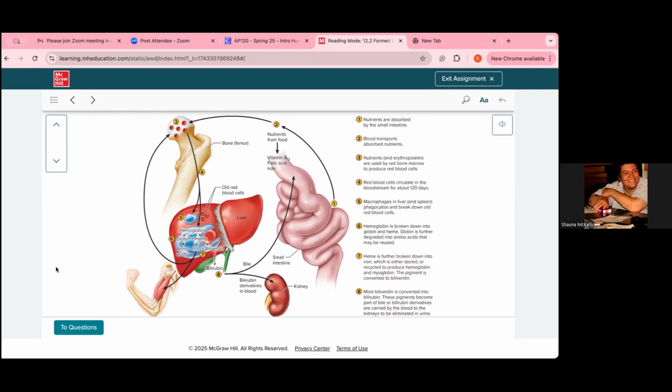Hemoglobin is broken down into globin and heme. Globin is further degraded into amino acids that may be reused. Heme is further broken down into iron, which can be either stored or recycled to produce hemoglobin and myoglobin, and biliverdin is converted to bilirubin.